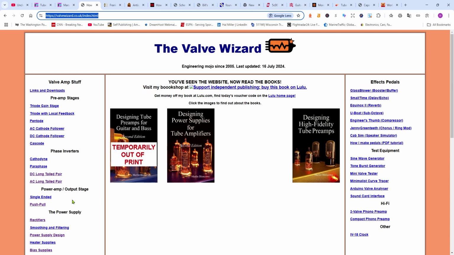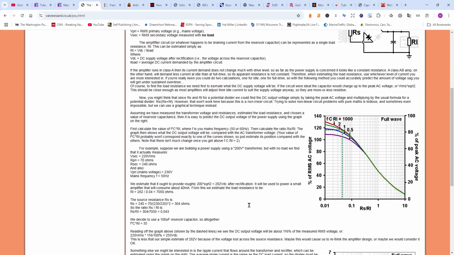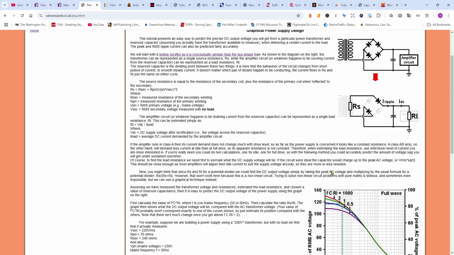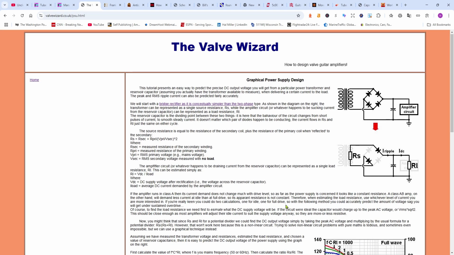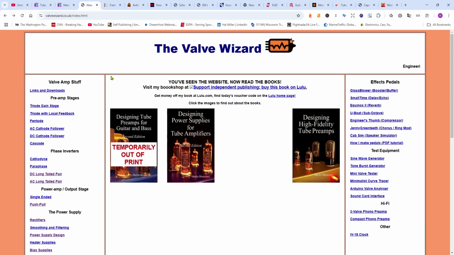Now, I will say that in most cases this is not really beginner information. In fact, it took me years to learn the math to do a lot of the things he does on here. For instance, we're looking at power supply design, and we're looking at a lot of math here, and he does explain it really well. There's just a lot of information here.